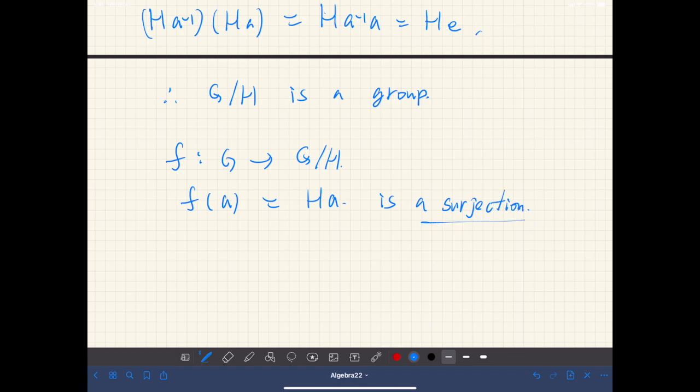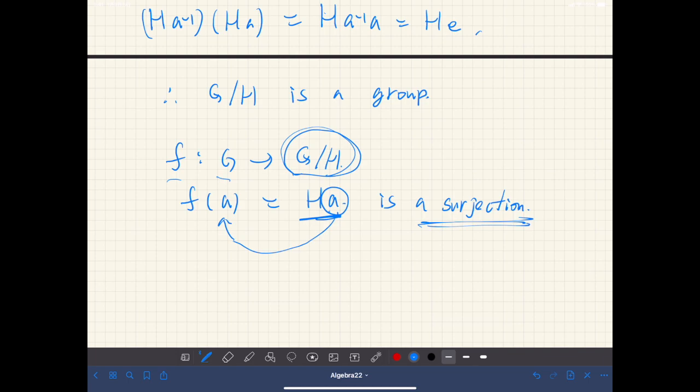This is obvious because every coset has a corresponding element A in G, right? So every element in G by H, the entire set of cosets, is covered by this mapping.